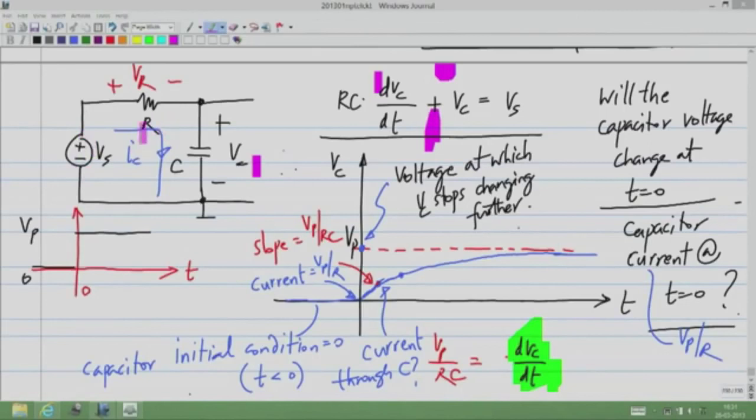That's because the capacitor voltage will stop changing when the current through this is 0. If the current through the resistor is 0, the voltage drop across the resistor is 0, so that means that here also you have Vp. So please think about this and ask me any questions you may have.